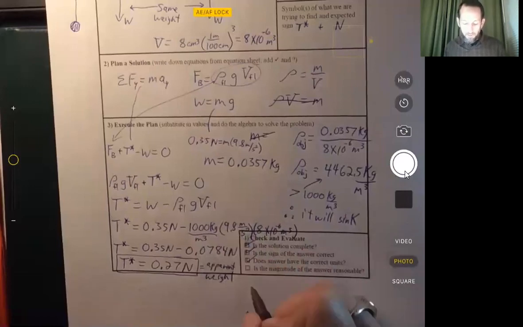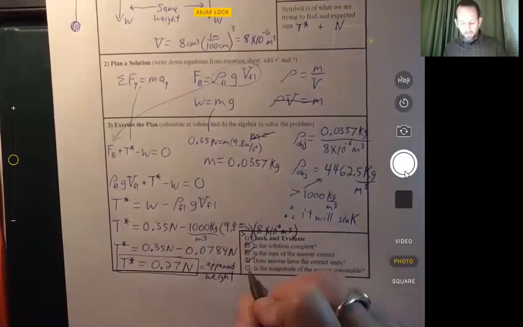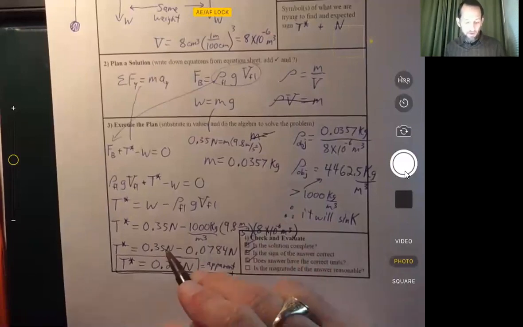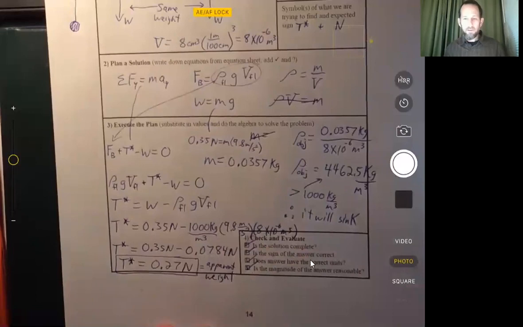Is the magnitude of the answer reasonable? Well, the only thing we can really figure out is that it should be a value less than 0.35. It's not going to weigh more when we put it into water. So it's less than that, and it's not a negative value. So the magnitude does make sense. And that's all there is to that problem.